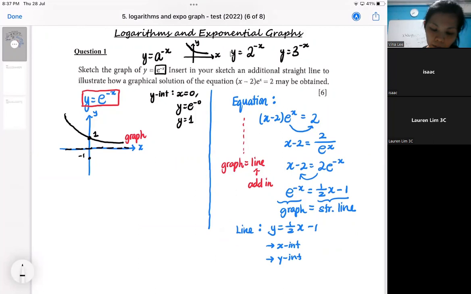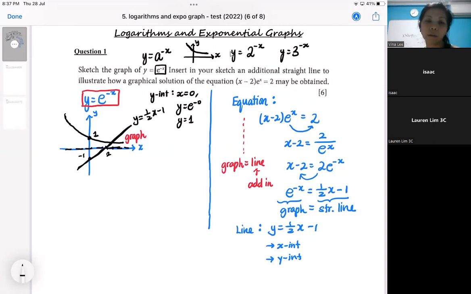And if you work out the x-intercept, I think you will get 2. So maybe 2 is somewhere here, or here. So that will be the line I'm adding in.